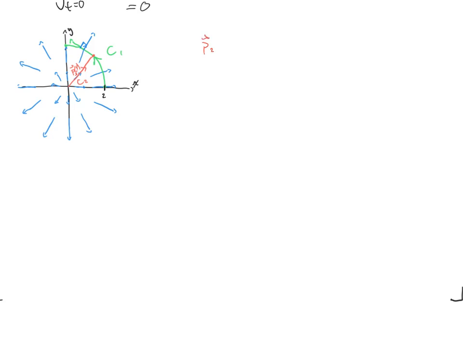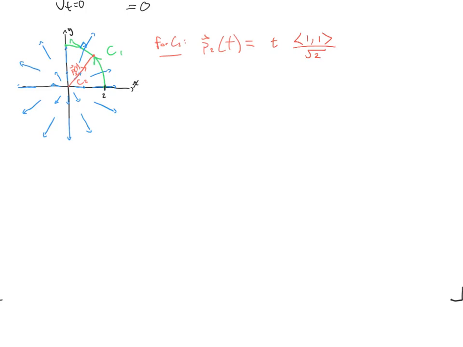for C2. P2 of t is going to be, well, I have to pick some angle that I'm going at, so why don't we make that be the vector 1, 1. That's not a unit vector, so if we make it a unit vector, we divide by its length, root 2. And so then if we want to go out to time 2, we could just multiply this by t.